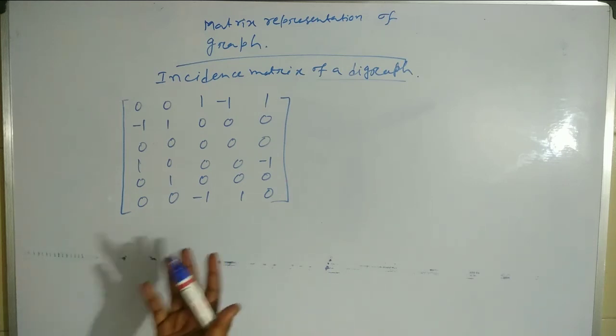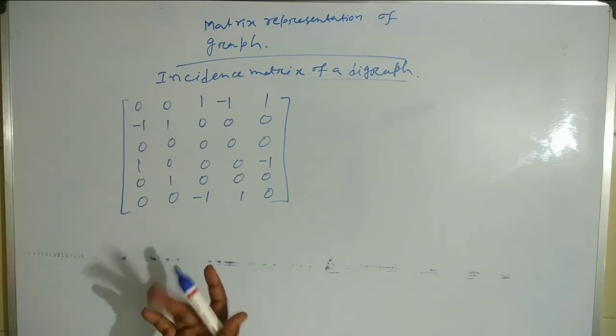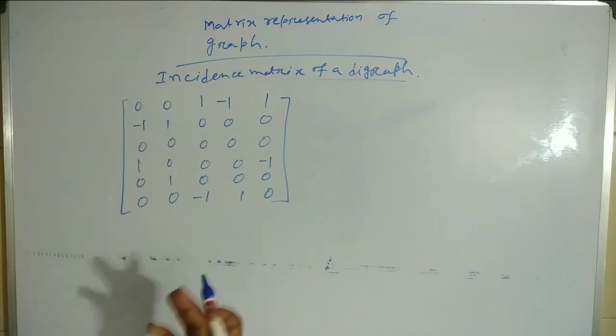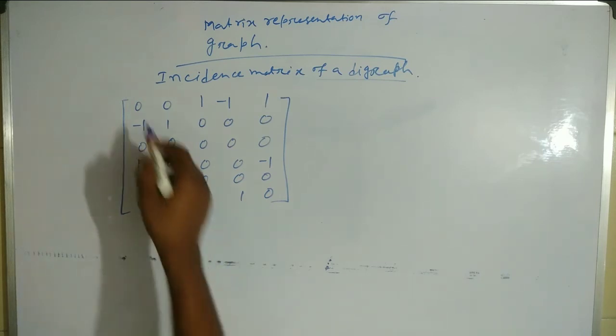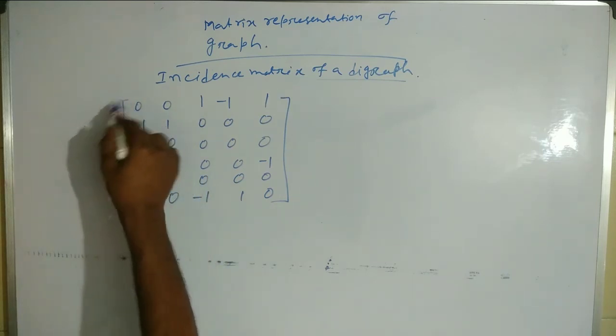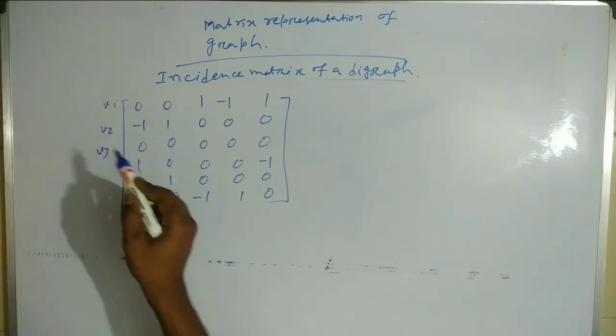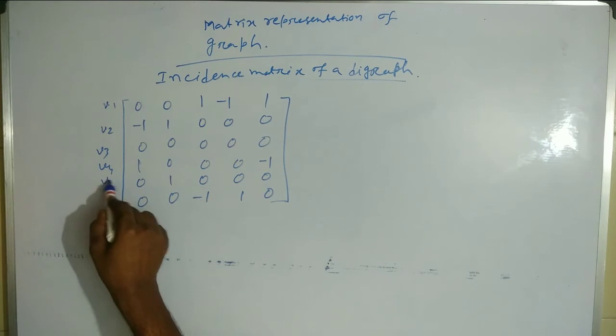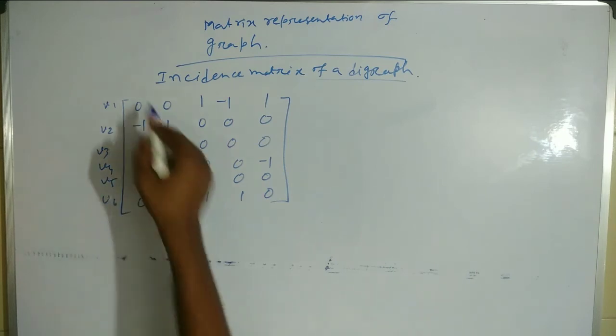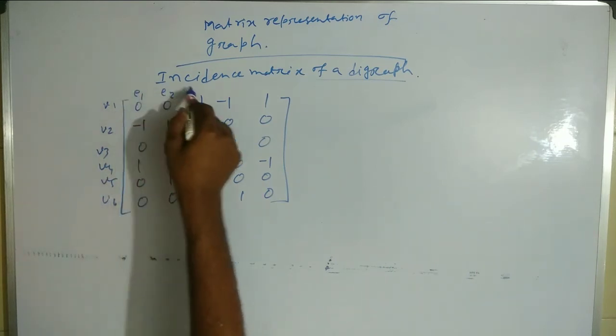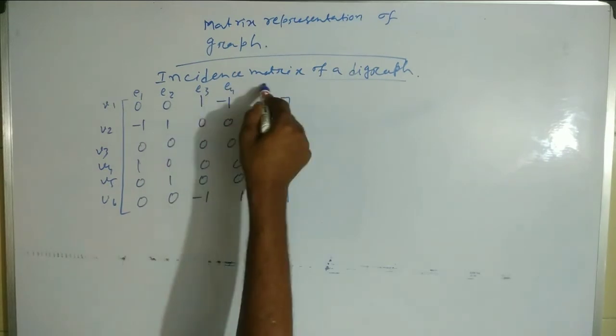Since +1 and -1 both are here, we can say that this incidence matrix is for a directed graph. Before drawing the graph, we are naming the vertices and edges, rows and columns, as V1, V2, V3, V4, V5, V6, and E1, E2, E3, E4, E5.